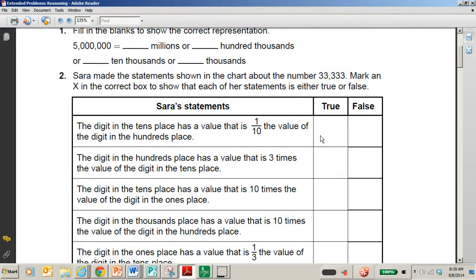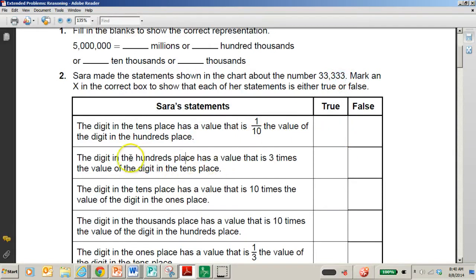This spring, when the students take the assessment, there are going to be multiple choice, but there's also going to be open-ended things like this where they write yes or no, true or false, or write a sentence to explain their answers.